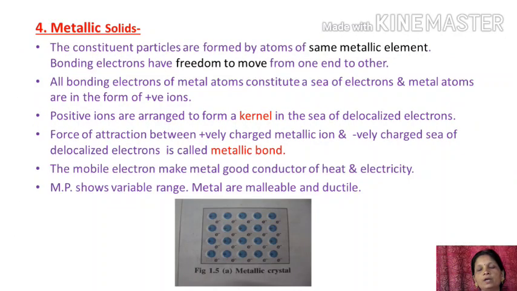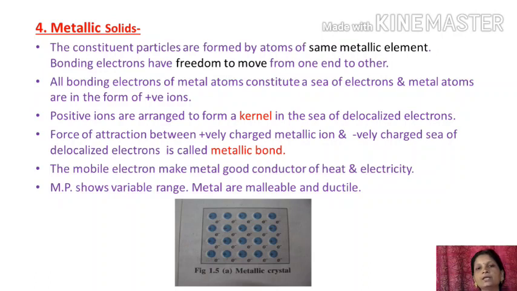The fourth type is the metallic solid. The constituent particles are the atoms of the same metallic element. Bonding electrons have freedom to move from one end to the other. All bonding electrons of a metal constitute a sea of electrons, and metal atoms are in the form of positive ions.